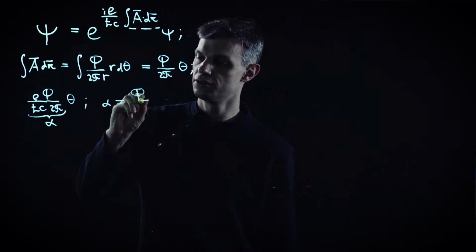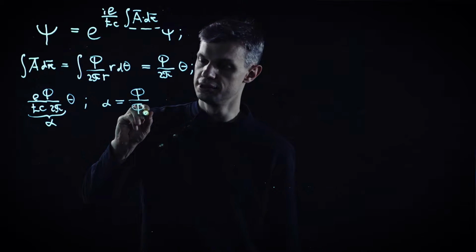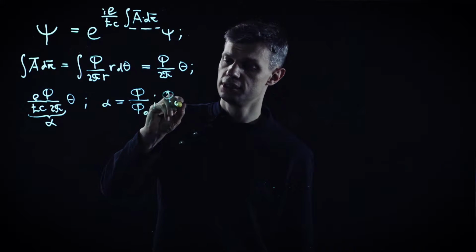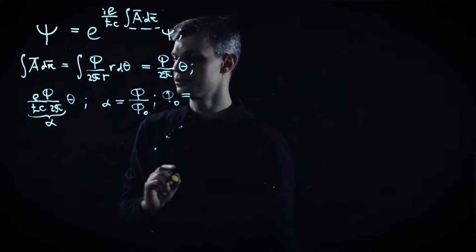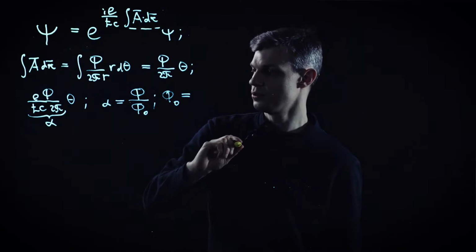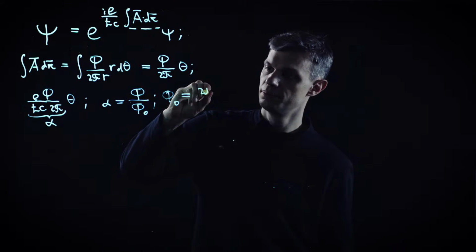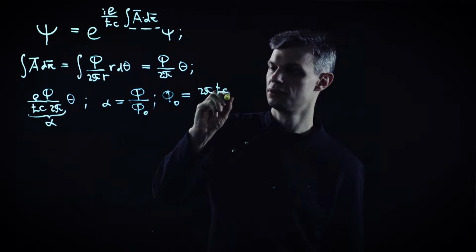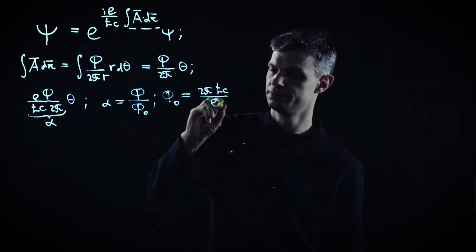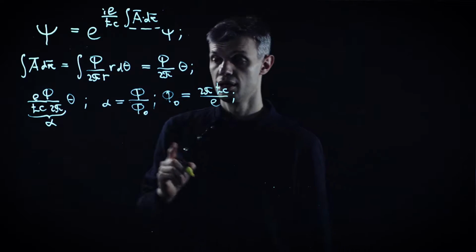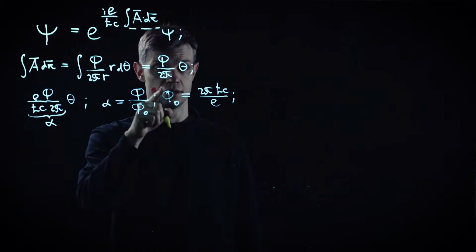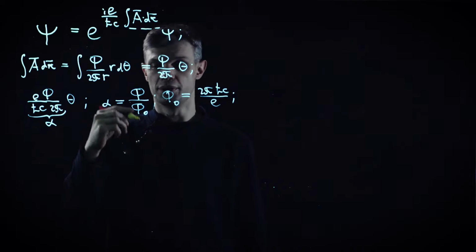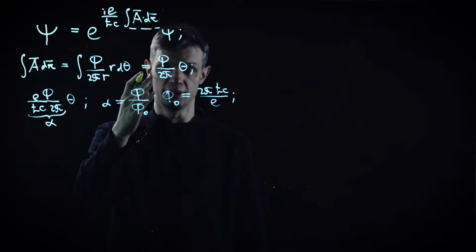It's phi over phi naught, where phi naught is the so-called flux quantum. It's 2 pi h bar c over e. Alpha is not necessarily an integer, because the total flux can be quite arbitrary.